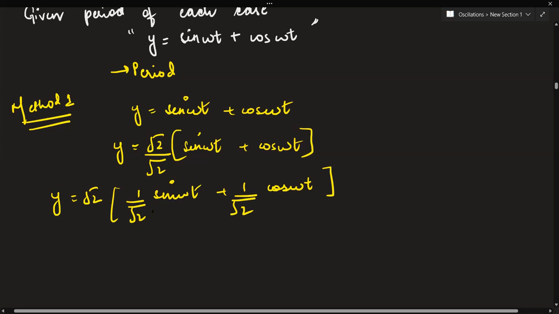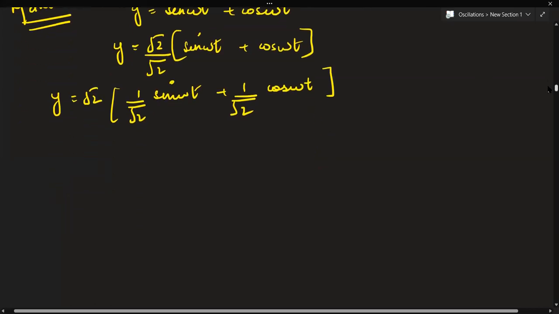Let me scroll it down. y is equal to root 2 times 1 by root 2 sine omega t plus 1 by root 2 cos omega t. What I have done till now is just take root 2 outside the bracket. Now see, 1 by root 2 is the value of cos 45 degrees and 1 by root 2 is the value of sine 45 degrees.